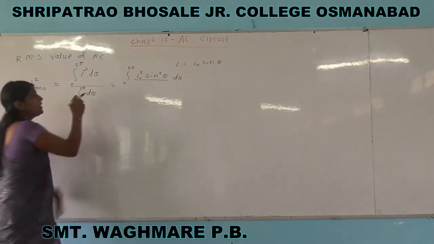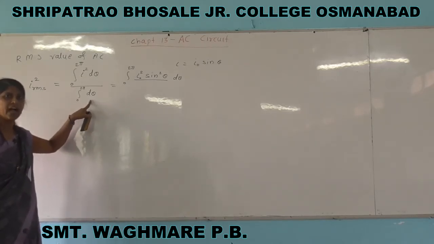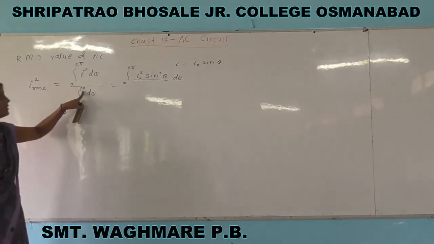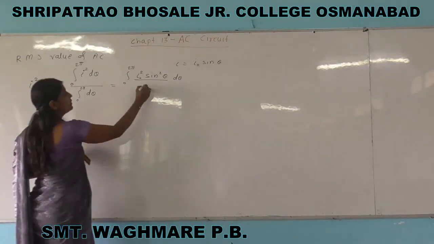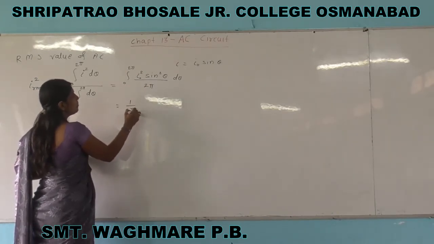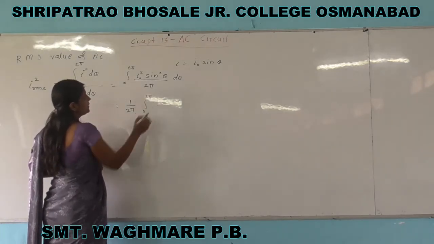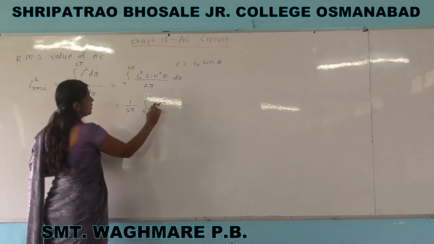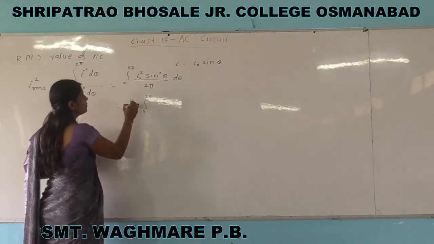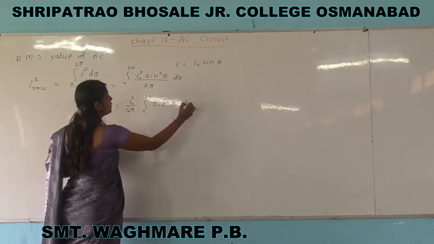When we take the integration of d theta, it is theta, and when we take the limit 0 to 2 pi, theta is equal to 2 pi minus 0, which will be equal to 2 pi. We can take this 2 pi out of the integration. We can also take this I naught square out of the integration, therefore sin square theta into d theta.